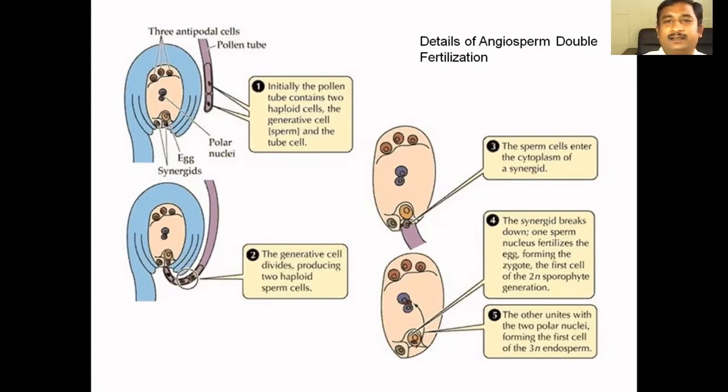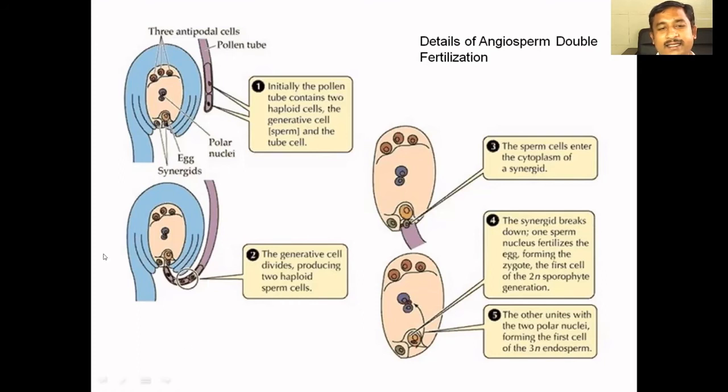Sir, what is the role of the tube cell then? Only for recognition. In nature, there are a lot of other pollen cells, and sometimes foreign pollen grains also fertilize. That is the reason there is an identification mechanism to check whether this pollen belongs to its own species or not.